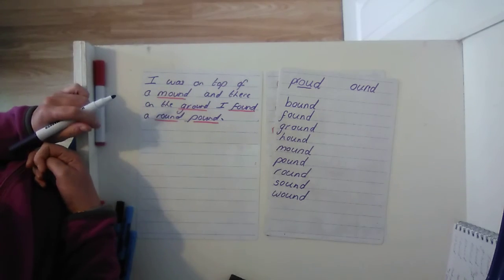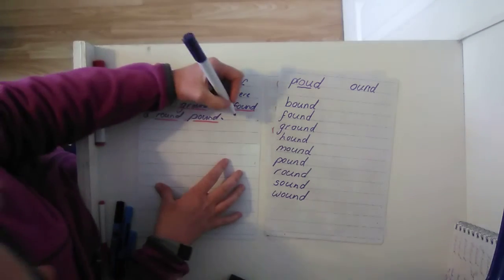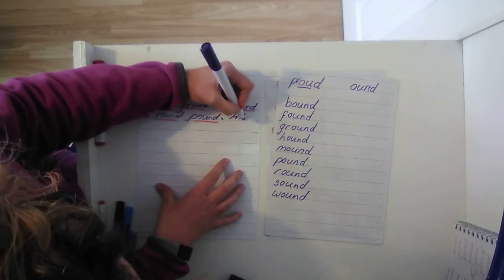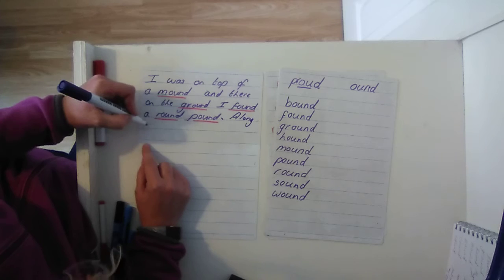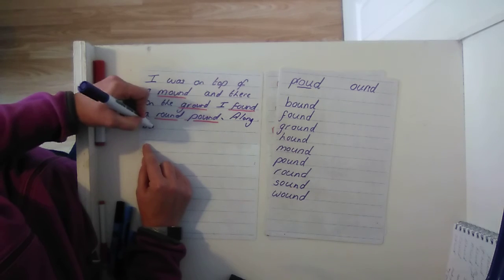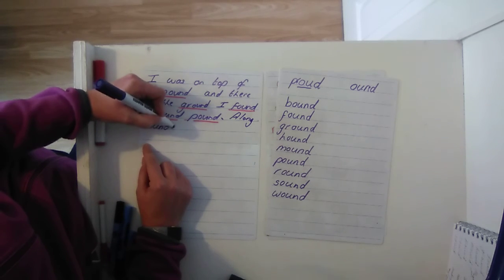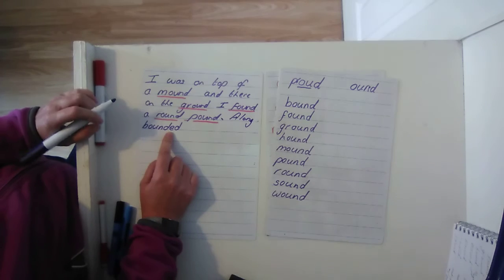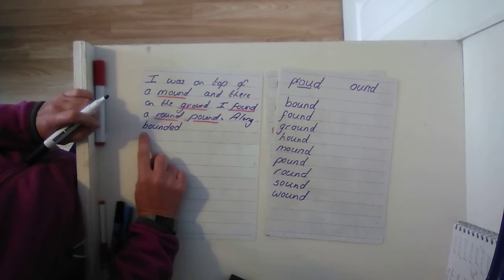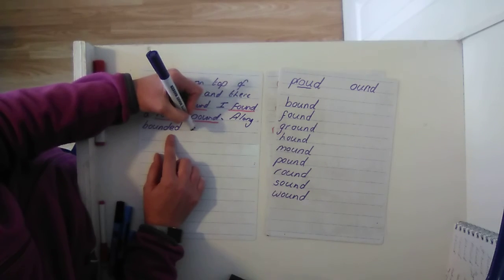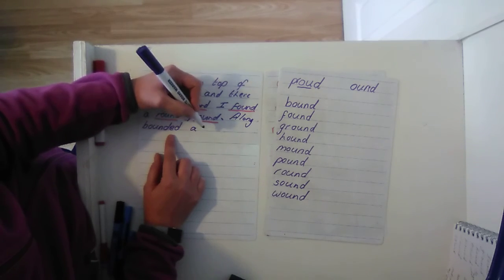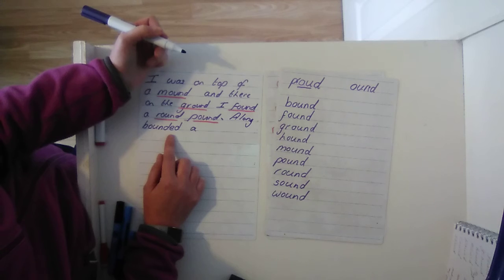Ooh, what could happen next? A long, capital letter because it's the start of a new sentence, along, bounded, we add ed to change it to the past tense, but there's our ound word. Along bounded, what's that word for the dog again?